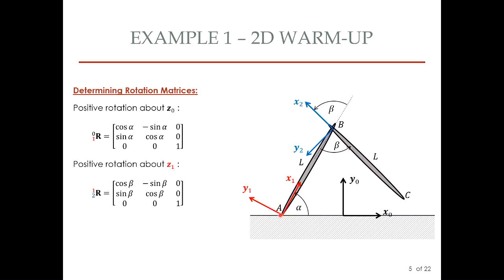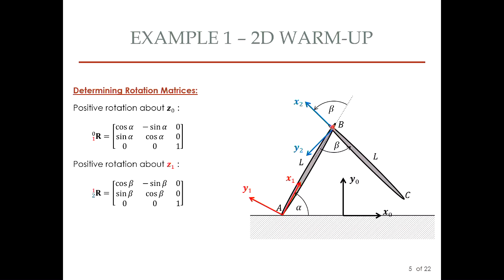So the red coordinate system has its x aligned with link AB. So the vector from A to B represented in frame 1 will simply be L00. So it's easy to determine.